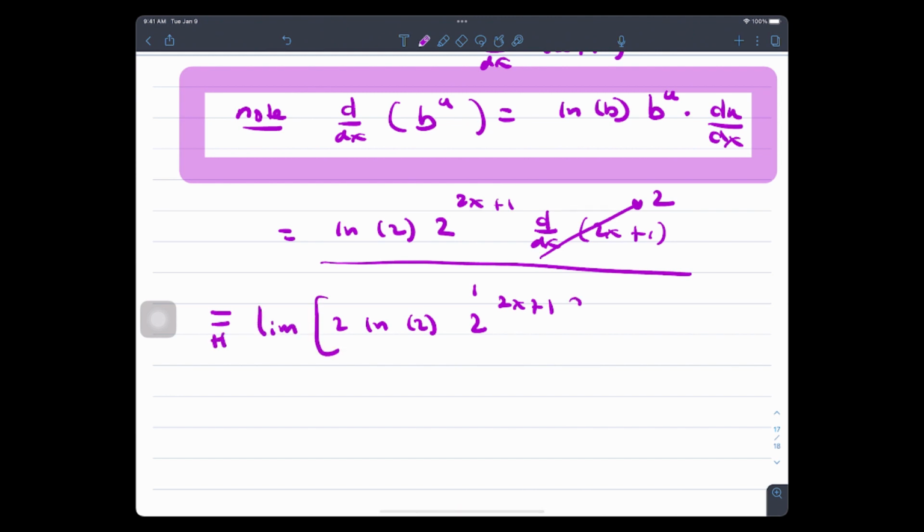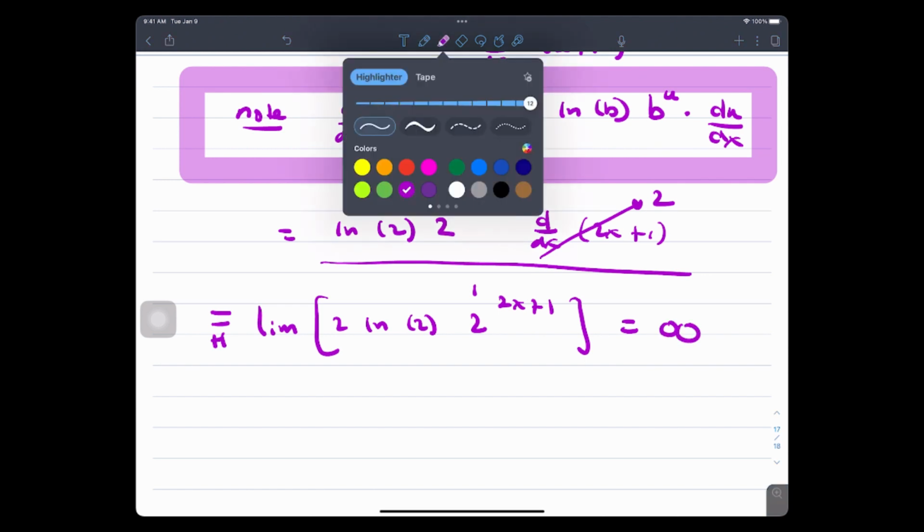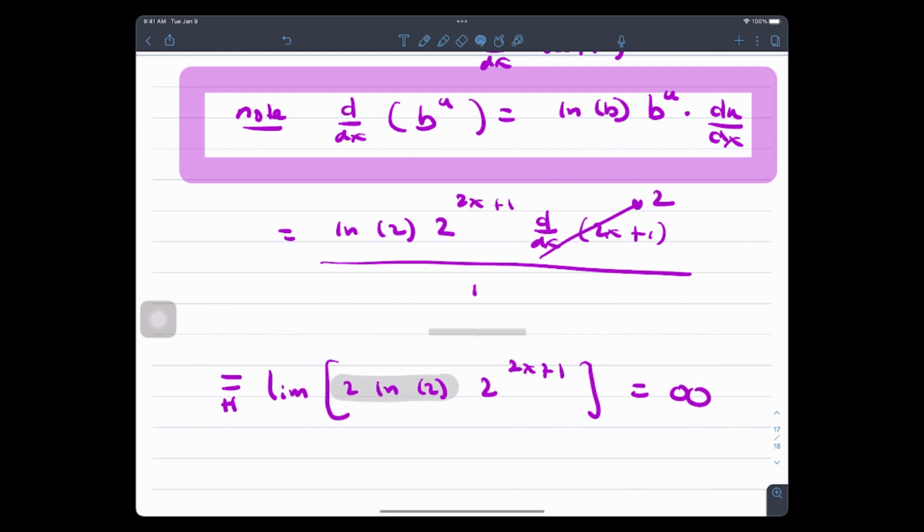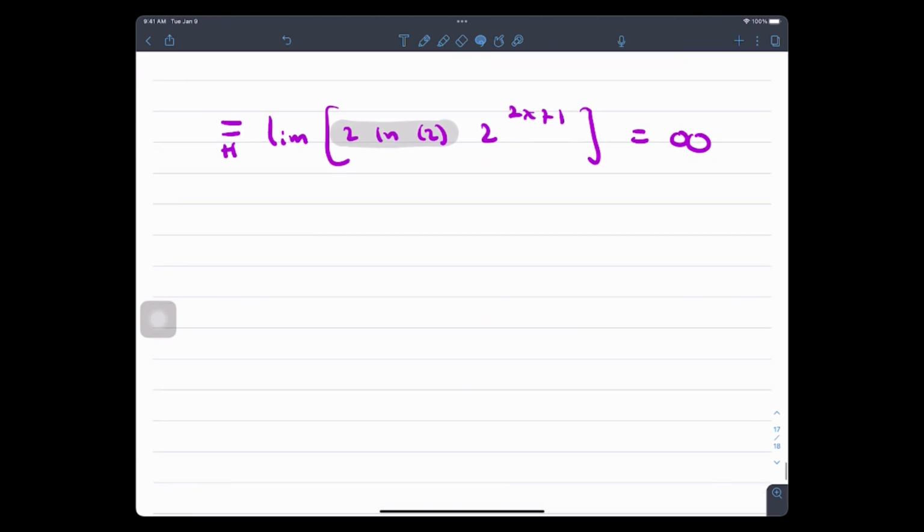And yeah, that limit goes to what? Infinity. Because this whole thing is a constant, and an exponential increases without bound, right? Don't get confused with this 1. That's the derivative of the denominator. It's not quotient rule, it's L'Hopital's rule.